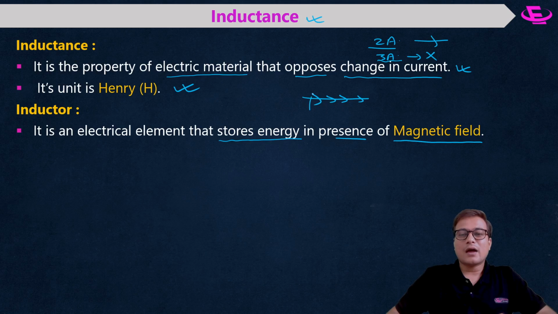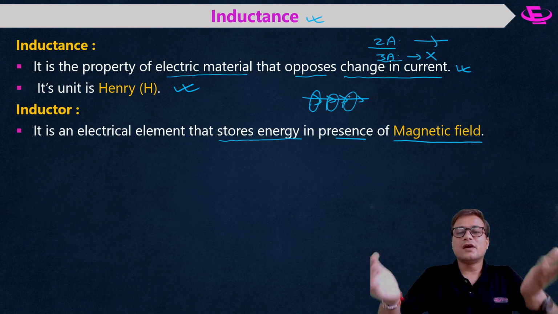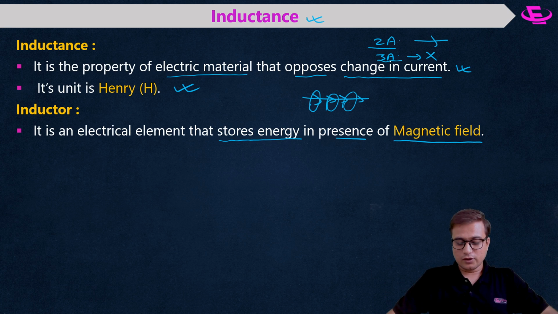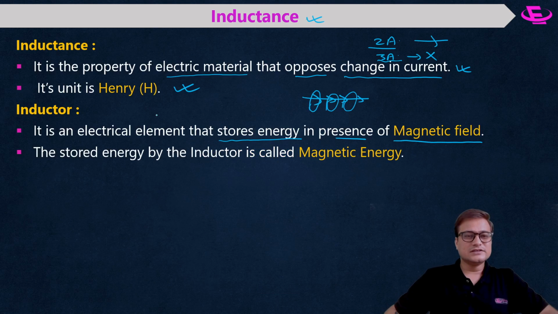So there will be magnetic field lines like this. If there is a magnetic field, then the inductor will store energy. Hence, the energy stored by the inductor is called magnetic energy.